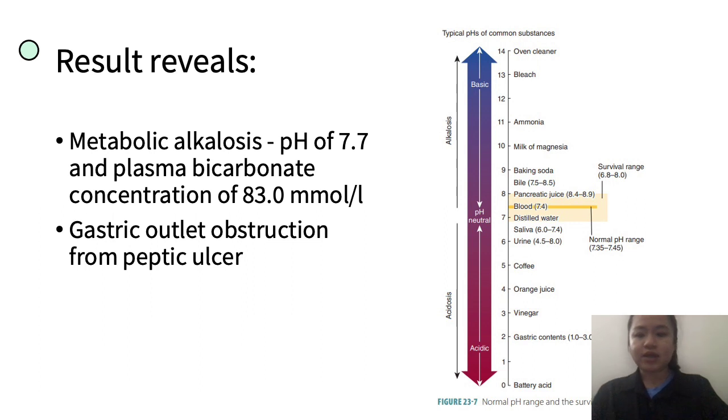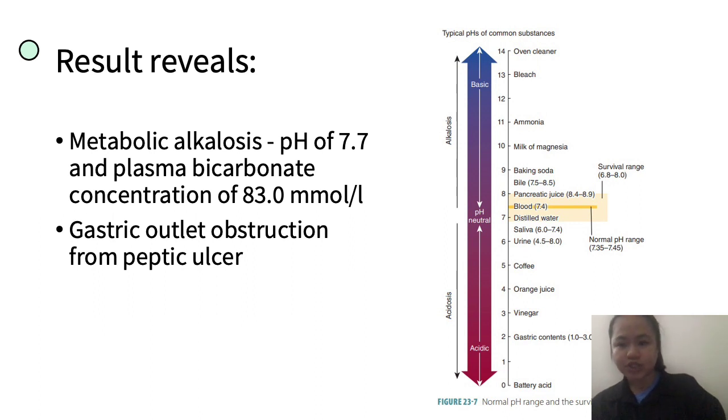Urinalysis and radiography imaging was done and showed metabolic alkalosis with a pH of 7.7 and plasma bicarbonate concentration of 83 millimoles per liter, and gastric outlet obstruction from peptic ulcer, which are higher than normal.